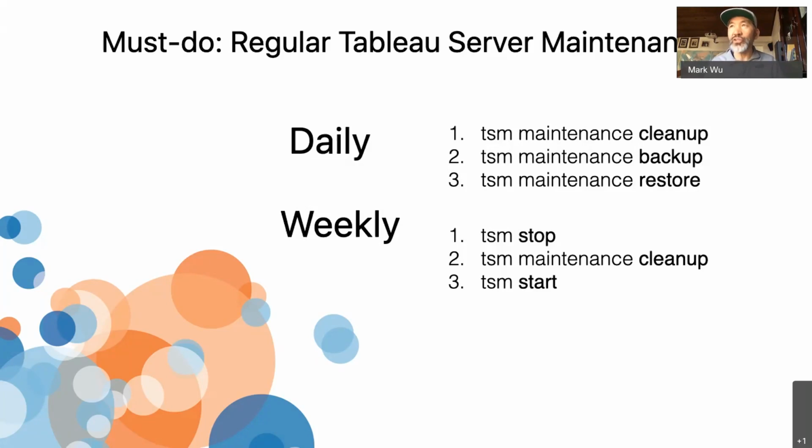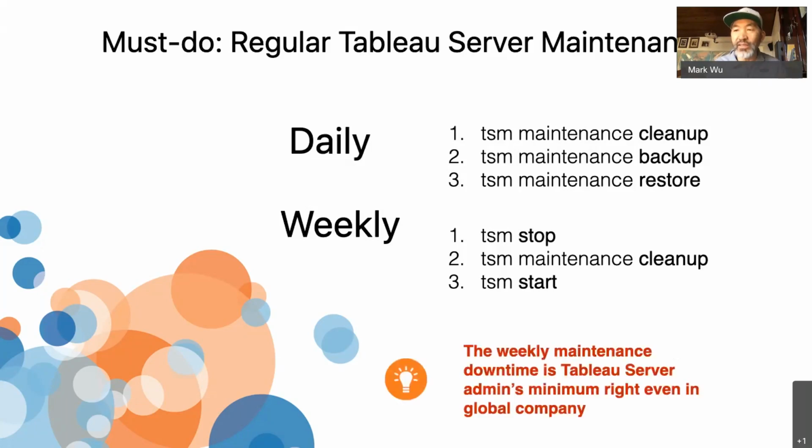When the files are in use, I cannot delete everything. So I do have weekly scheduled server maintenance. I shut down the server and do the regular maintenance. Now, I know that some of you are concerned that it means downtime every weekend.